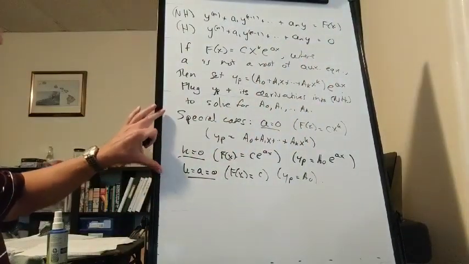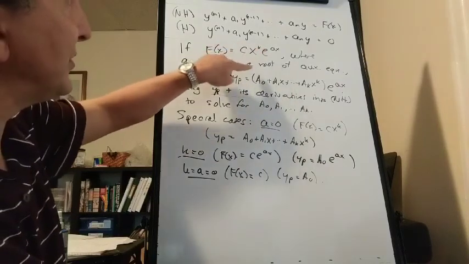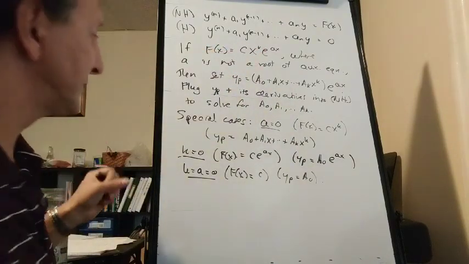Now this all holds if the number a in the exponent is not a root of the auxiliary equation.